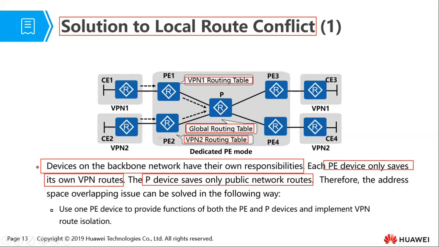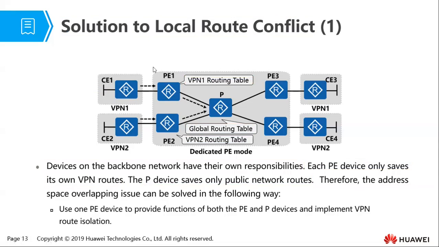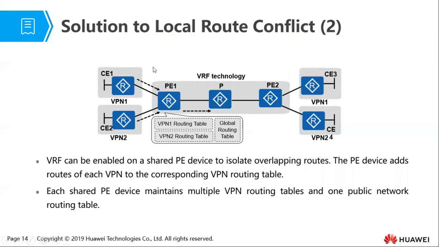But the provider edge devices must have a VPN routing table, so that each network that is advertised is actually linked to that particular VPN instance, as you're going to see in a short while. Okay. So let's look at this scenario here, where we have a single PE device.